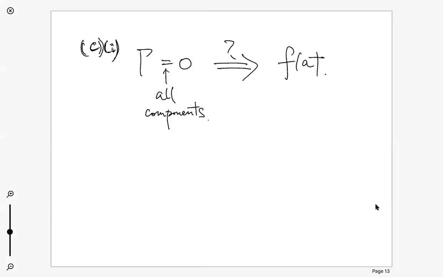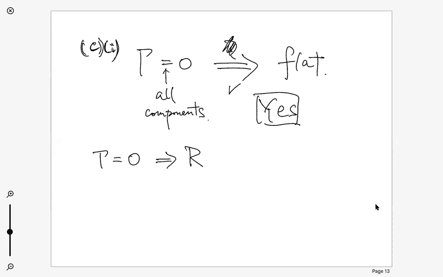The answer is yes. So no question mark here, it's really the correct implication. The argument is really simple, because if the Christoffel symbols are all 0, then the Riemann tensor will be 0, right?